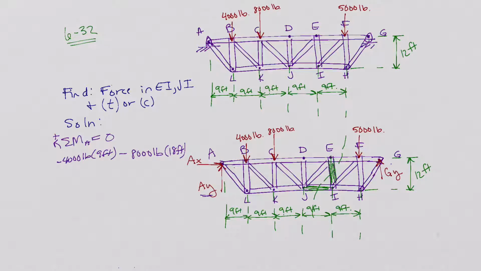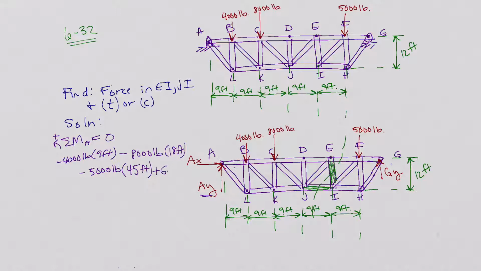And then we have that 5,000 pound force, which is also going to be negative. I'm just going to write it down here because I ran out of room. It's 5,000 pounds times 1, 2, 3, 4, 5, 9 times 5, so 45 feet. And then plus, because I'm doing the right hand rule from A to G, fingers go so it comes out of the board.